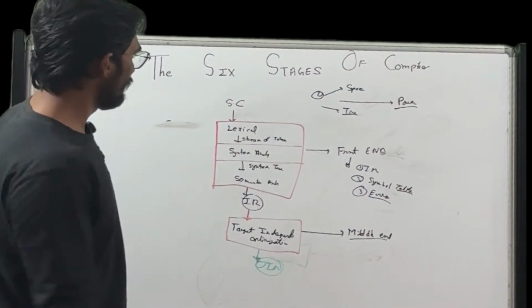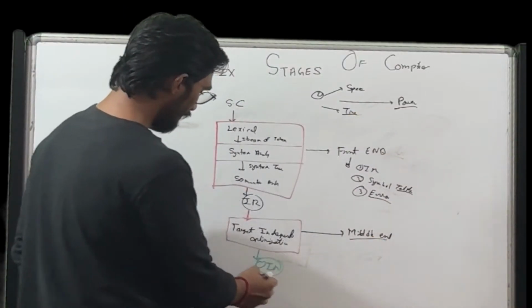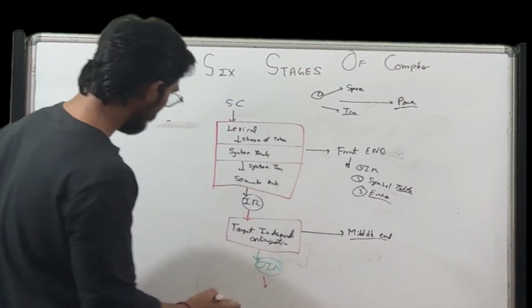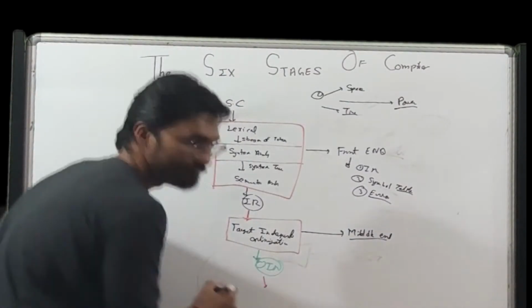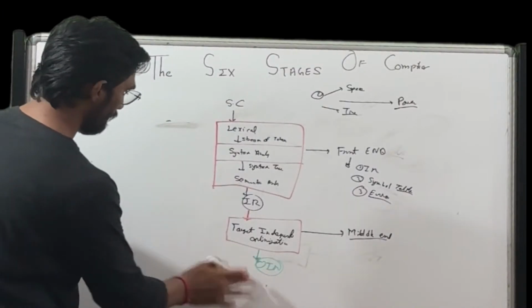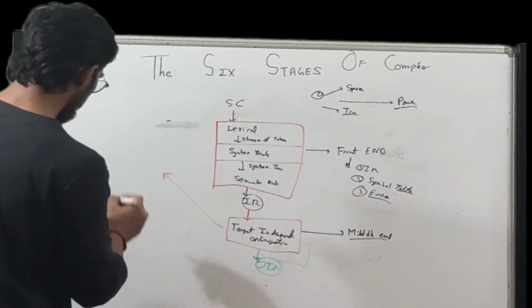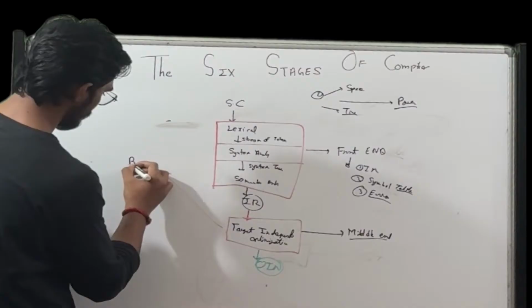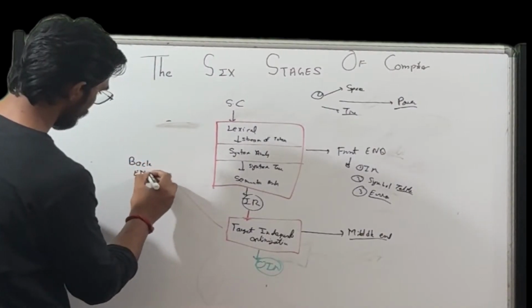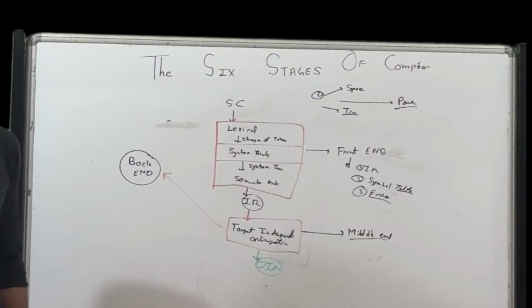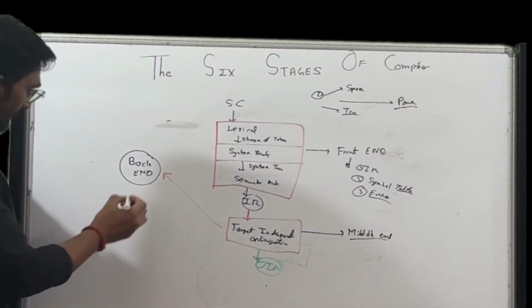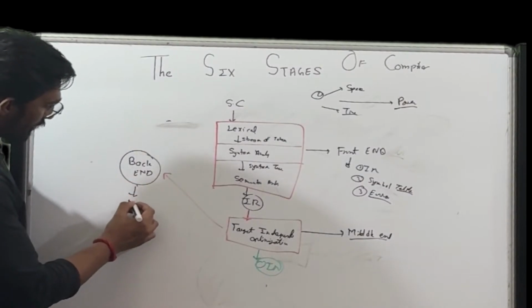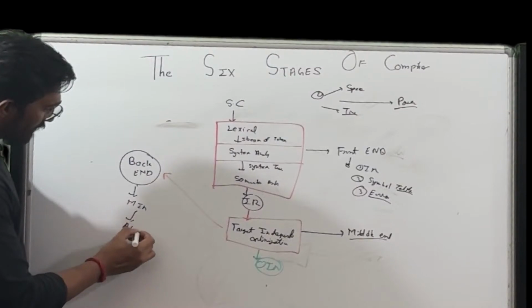So now, once we have the middle end, this optimized IR is given to the backend, and the backend's work is to generate MIR and assembly.